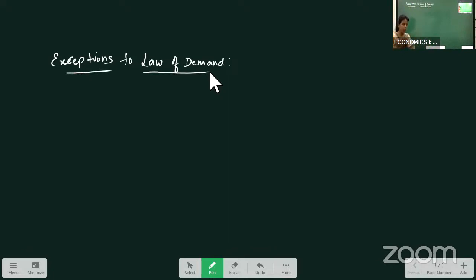For example, what do you mean by law of demand? As we have discussed in our previous chapter, the law of demand explains the relation between price and quantity demanded, and according to the law of demand, there is a negative relation between price and quantity demanded.